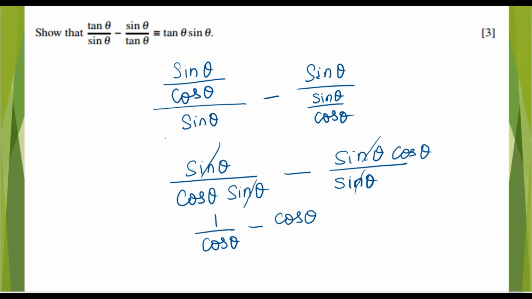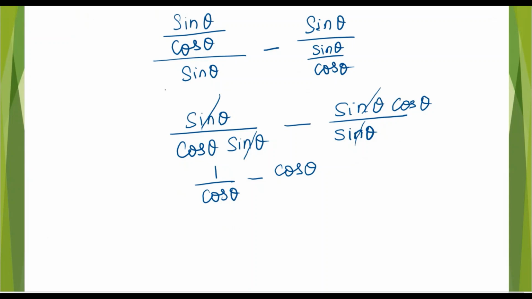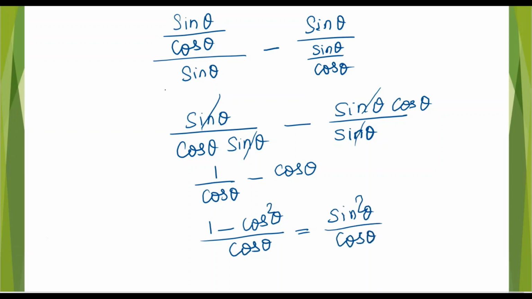Now take the common denominator. So you'll get 1 minus cos square theta divided by cos theta. We know sine square theta plus cos square theta equal to 1. From that, we know 1 minus cos square theta equal to sine square theta. So this can be written as sine square theta divided by cos theta. Sine square theta is nothing but sine theta multiplied by sine theta.